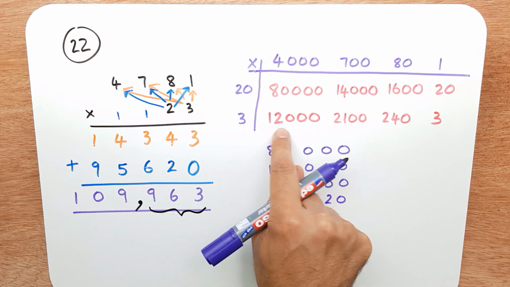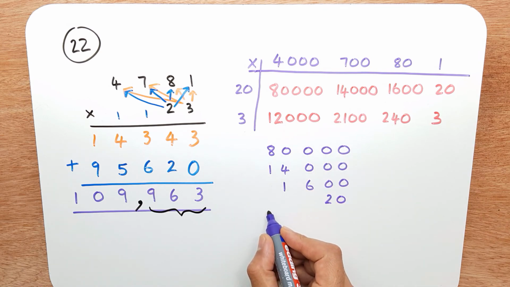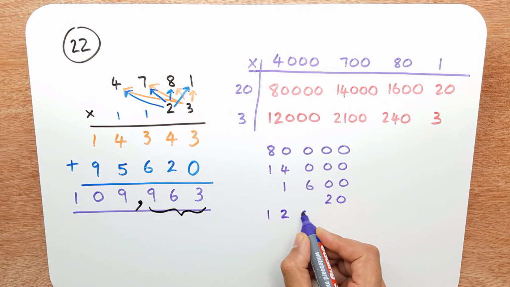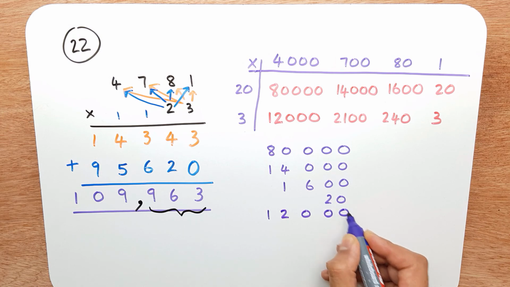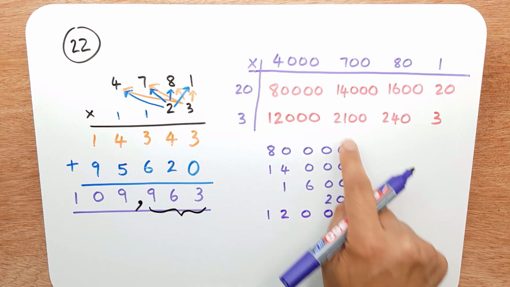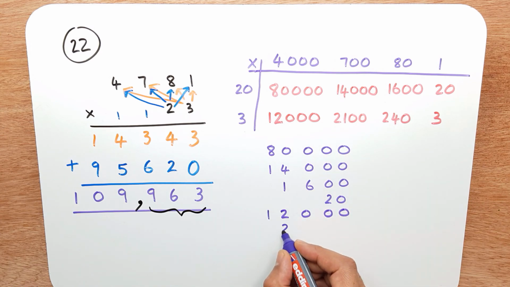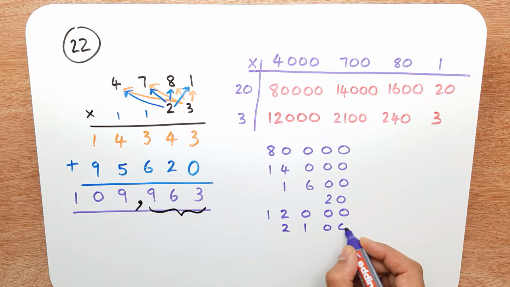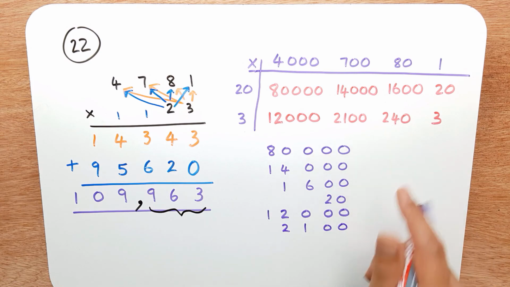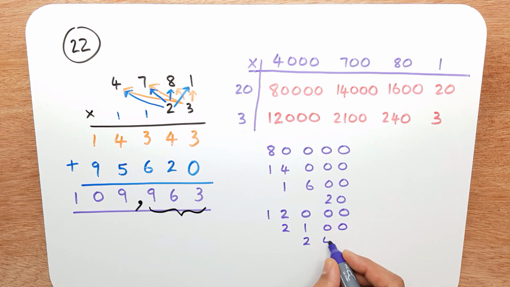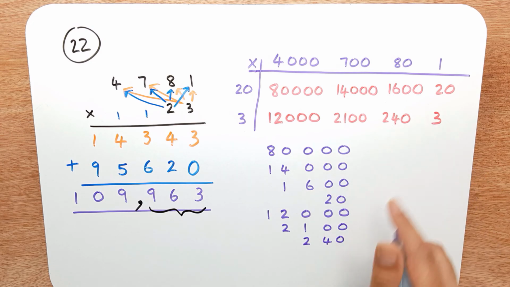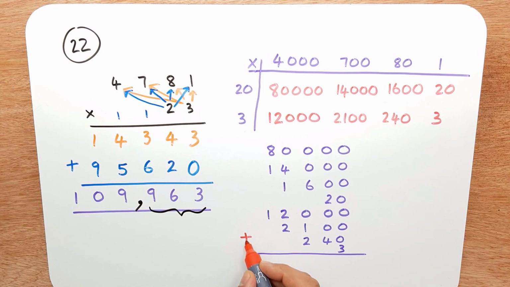Then we do 12,000. So you have to be careful, it gets a bit tricky here. And it's 2,100. 240. And finally 3. And we're going to add all these.